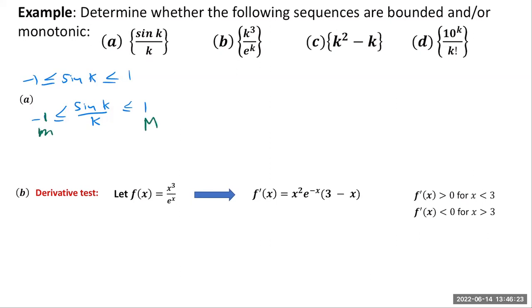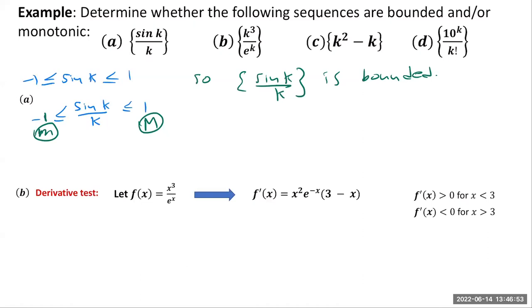This will serve as your uppercase M. All the terms of your sequence are less than or equal to uppercase M and greater than or equal to lowercase m. That means your sequence is bounded. So your sequence sine k divided by k is bounded.